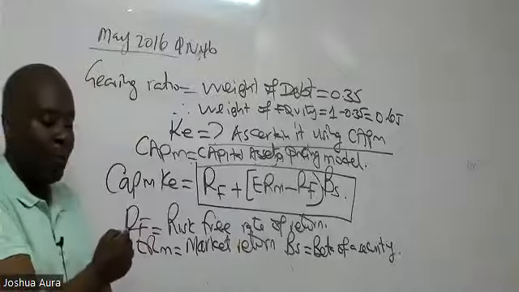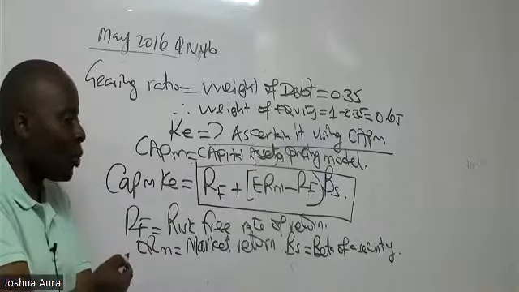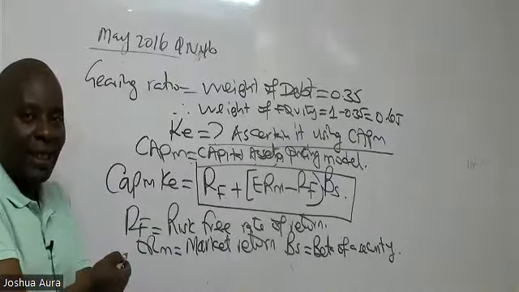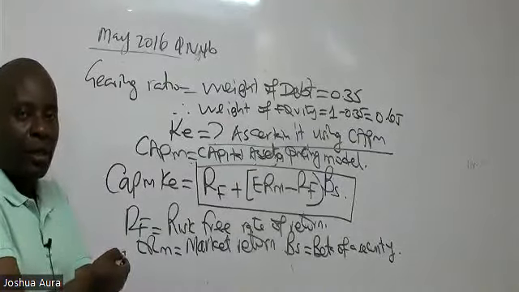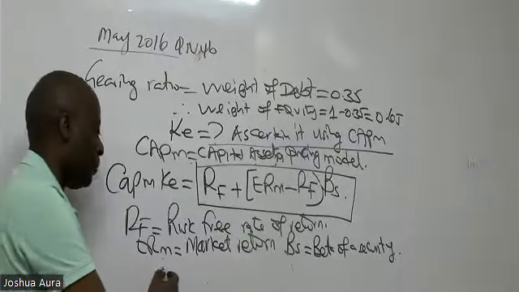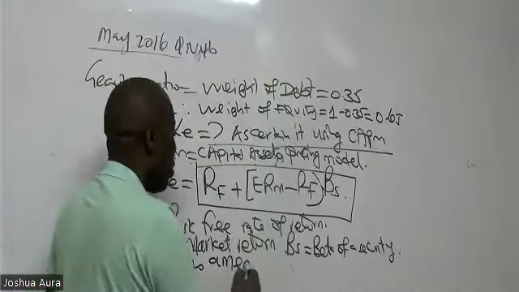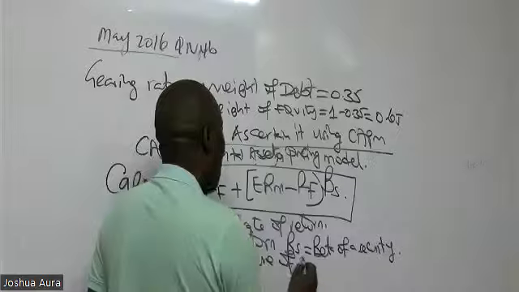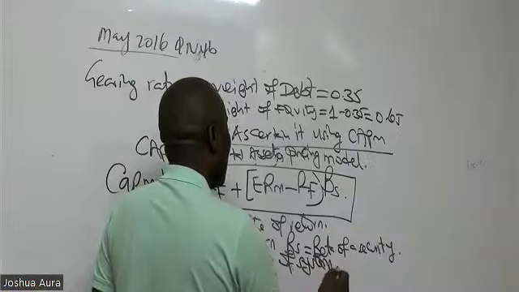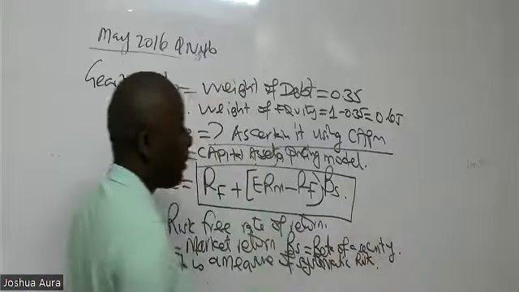For now, I would simply want you to appreciate that beta of a security stands for the systematic risk. So beta is a measure of systematic risk.